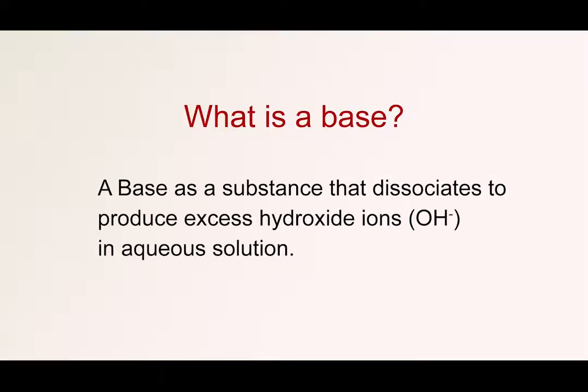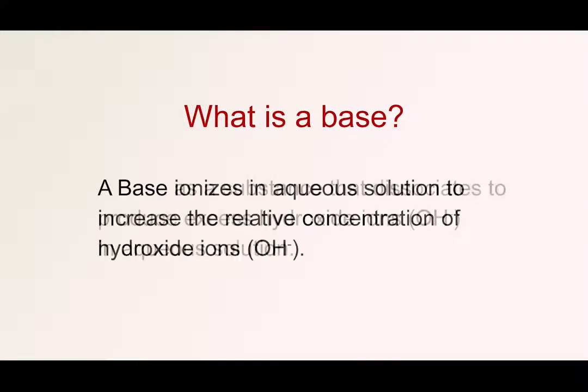He also defined a base as a substance that dissociates to produce excess hydroxide ions, OH-, in aqueous solution. That is, a base ionizes in aqueous solution to increase the relative concentration of hydroxide ions.